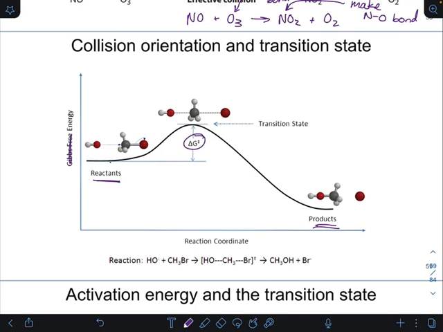And if you were to draw a line from the reactants to the products, this distance here is the enthalpy. And if the reaction is going downhill, it's exothermic.